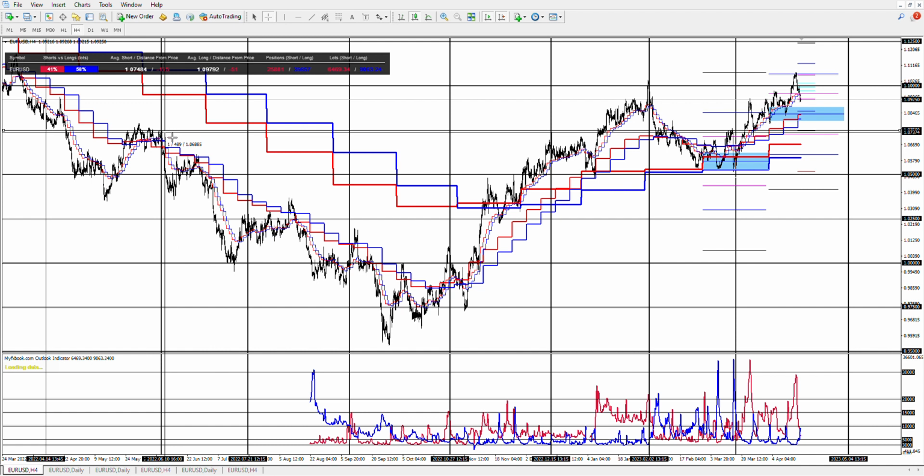Like here on the 10th of June, there was no hike then, but there was an interest rate decision. They didn't raise the rates, it was at zero. But still, after this zero decision, there was a big drop of 350 pips.